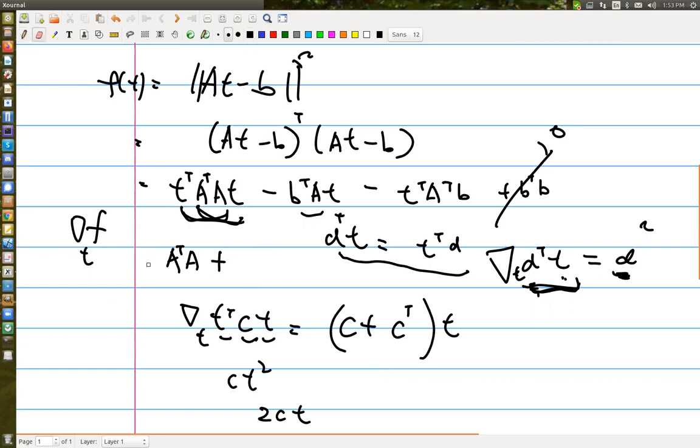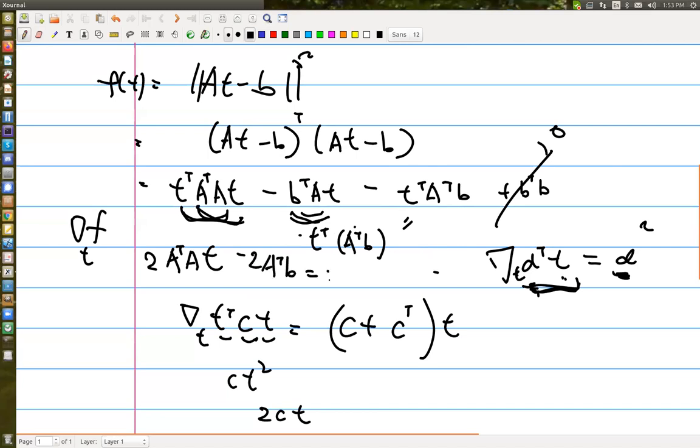So therefore, I have 2 A transpose A times T. And take the derivative of this guy here, which is actually T transpose A transpose B. Actually, these two are the same. It's T transpose A transpose B, and taking the derivative of this is equal to A transpose B. So it's minus 2A transpose B.